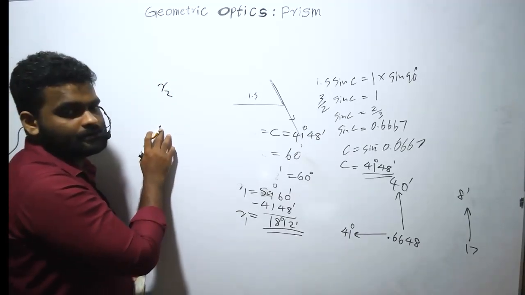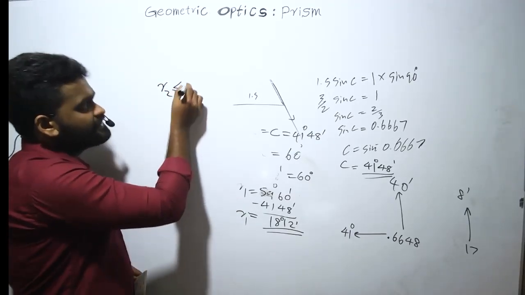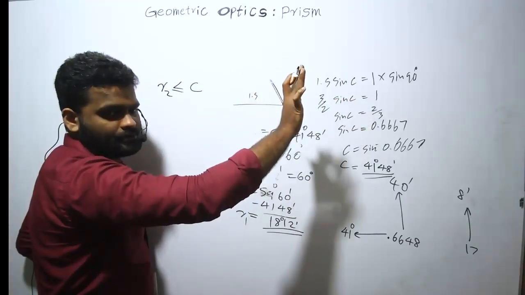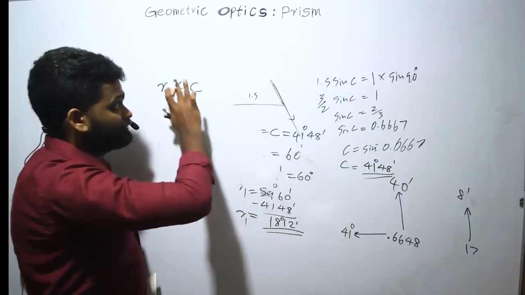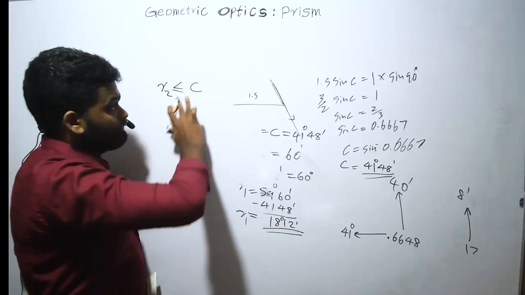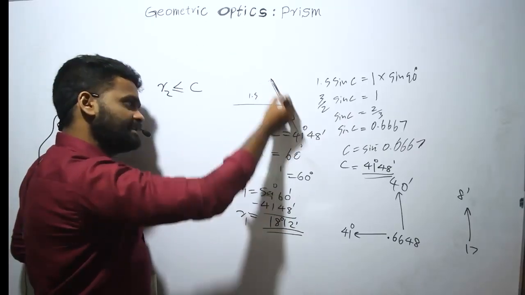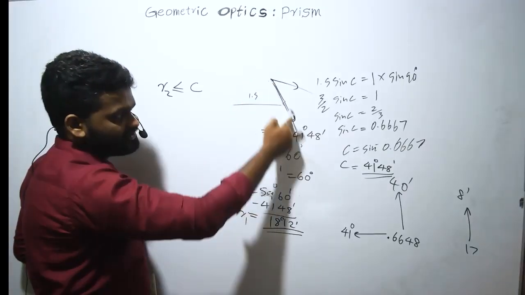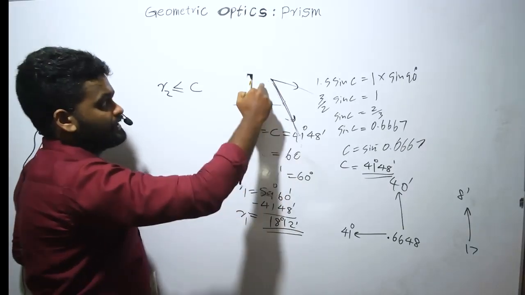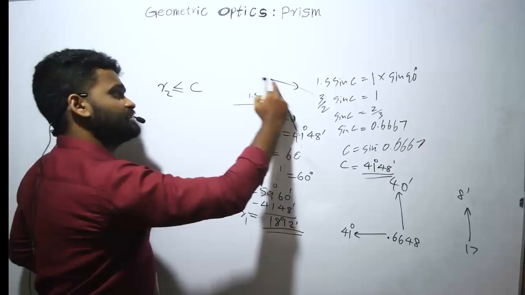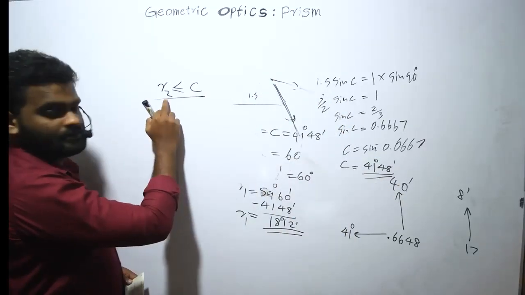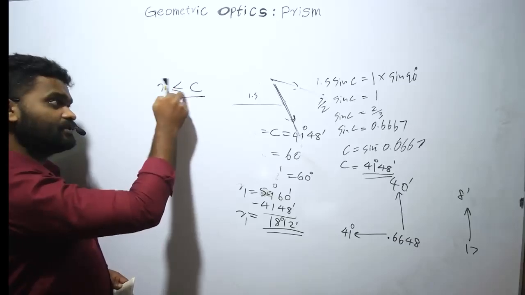R2 should be less than the critical angle to emerge, right? Not for total internal reflection. Total internal reflection should be greater. But for emerging, if it is equal, it emerges like this, and if it is smaller, it emerges like this from the second surface. This is the requirement. Write it down. R2 less than or equal to C.